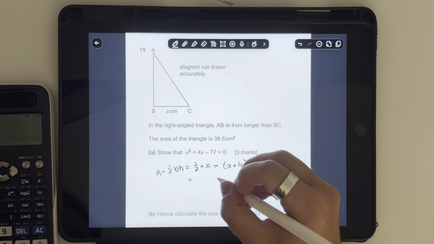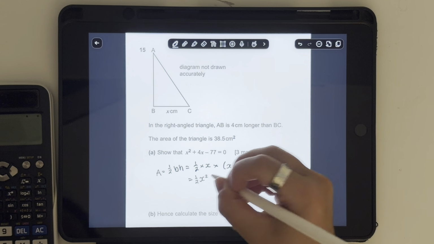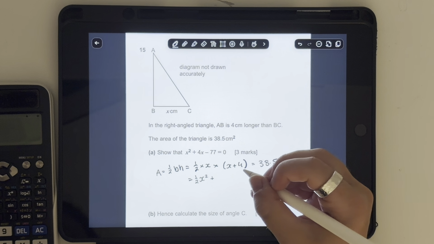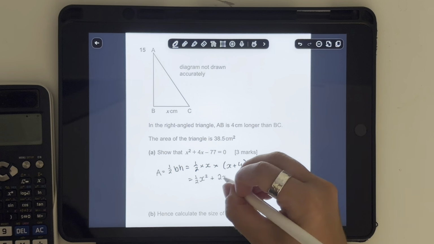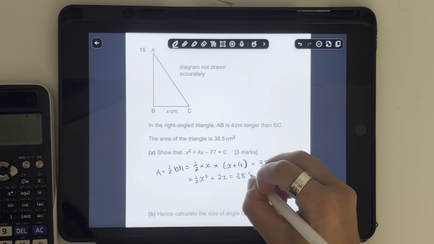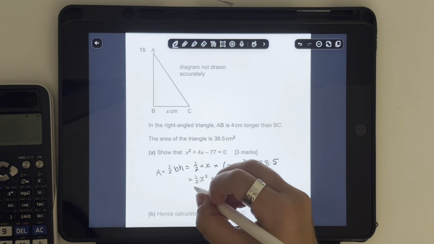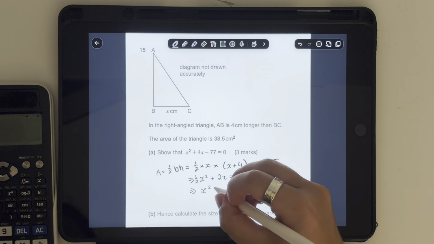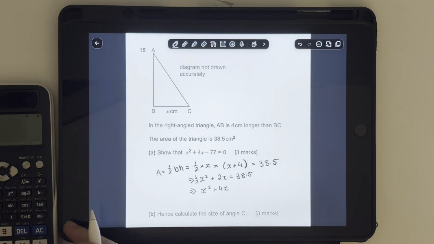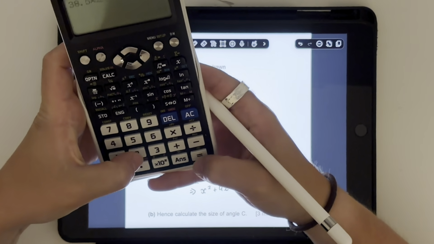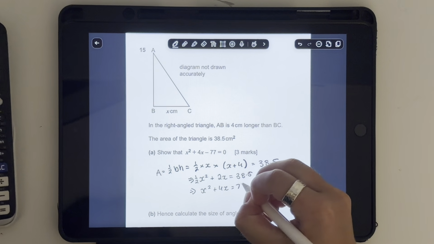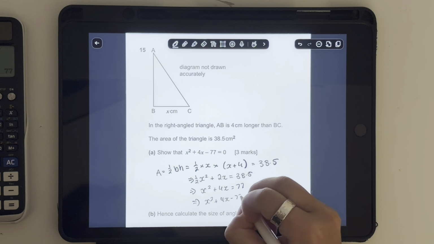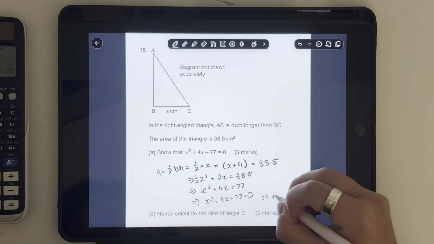So that's going to be half x squared plus 2x equals 38.5. Then we want to multiply everything by 2, x squared plus 4x. And yes, I am going to do this on my calculator just to check. So that gets us what we needed as required.